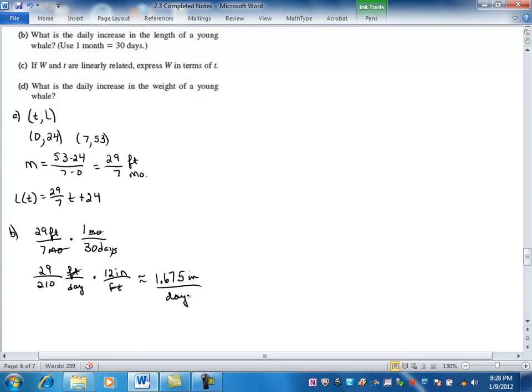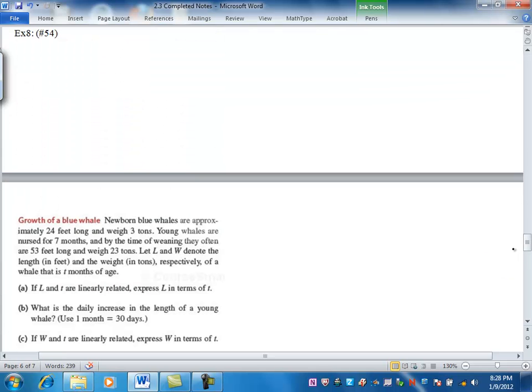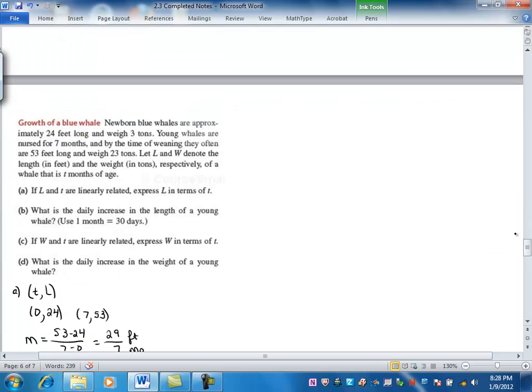Now if we look at part C, they want us to relate the weight to time and days as well. And so notice here, after 0 months, this whale is 3 tons. After 7 months, this whale is 23 tons. So we're going to look at our slope here. 23 minus 3 over 7 minus 0.